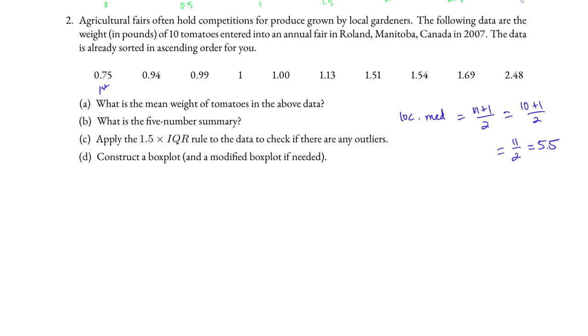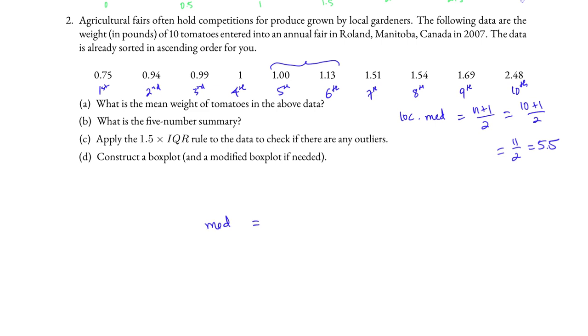First location, second location, third location, fourth location, fifth location, sixth location. We notice that there is no 5.5 location. What that means is that we have two numbers in the middle, but the median can only be one number. In this case, we average the two middle numbers to obtain the median.